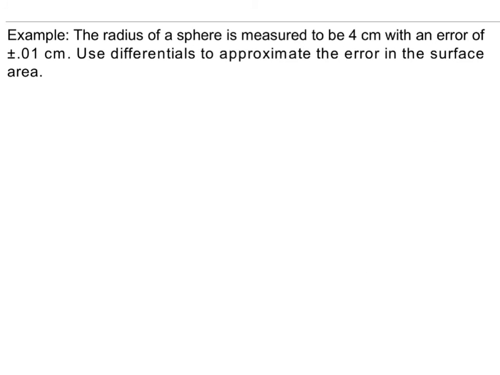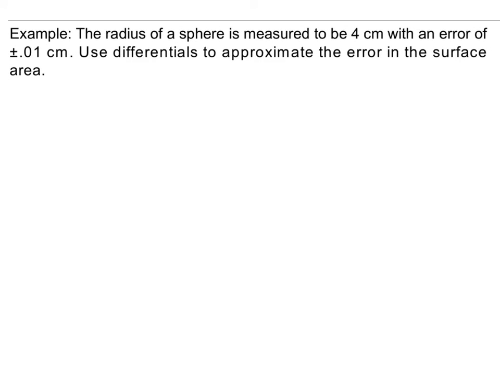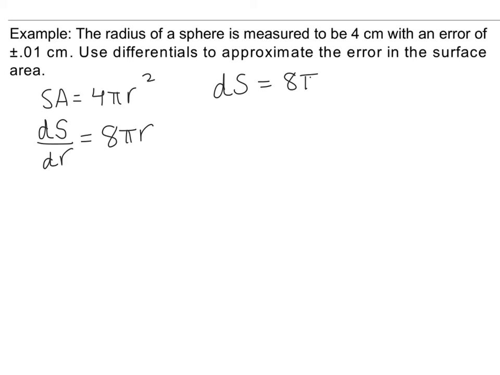One more. We have the radius of a sphere is measured to be 4 centimeters with an error of plus or minus 0.01 centimeters. Use differentials to approximate the error in the surface area. The surface area of a sphere is 4 pi r squared. So ds/dr is going to be 8 pi r, so ds is going to equal 8 pi r dr, right?